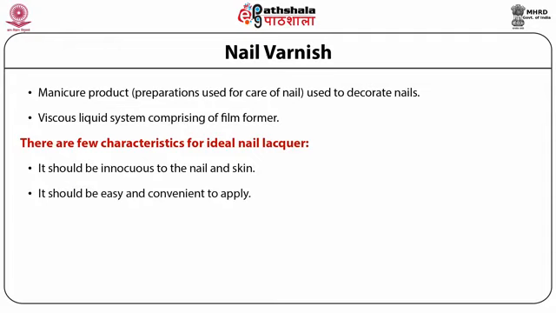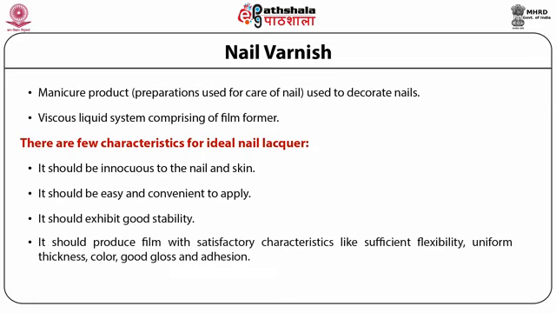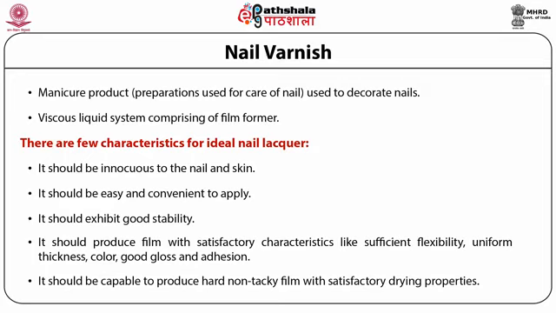It should be easy and convenient to apply. It should exhibit good stability. It should produce a film with satisfactory characteristics like sufficient flexibility, uniform thickness, color, good gloss and adhesion. It should also be capable of producing a hard, non-tacky film with satisfactory drying properties.